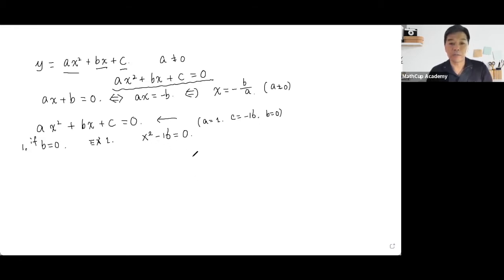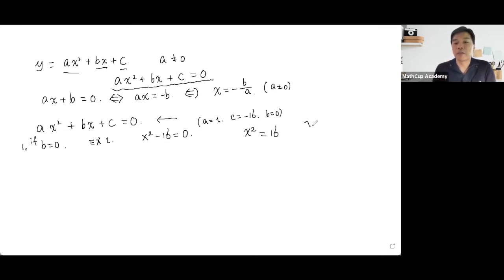Do we know how to solve this kind of quadratic equation? Of course we can, right? This is very simple. We just move the constant minus 16 to the other side by adding 16 to both sides of the equation, and we have x squared equals 16. Now for x squared equals 16, we take the square root of 16, but don't forget there is a negative root, right?